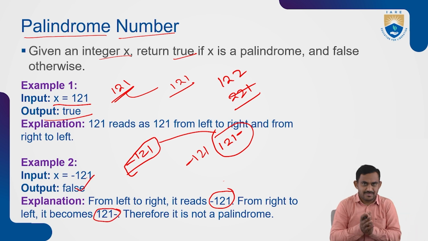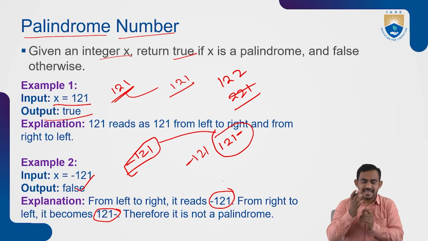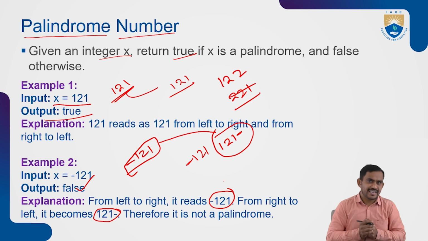So not a palindrome. If you have a negative number, you can give a direct condition: if the number is negative, it's false. Otherwise, check its reverse and get the answer.